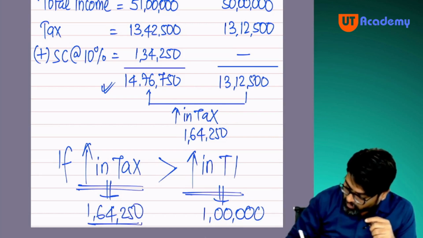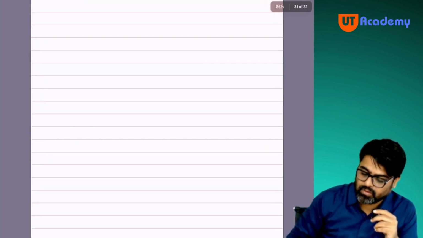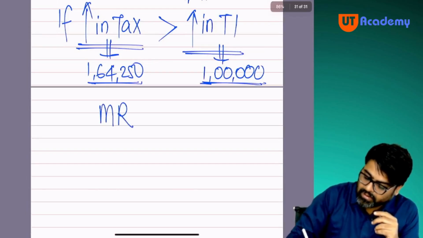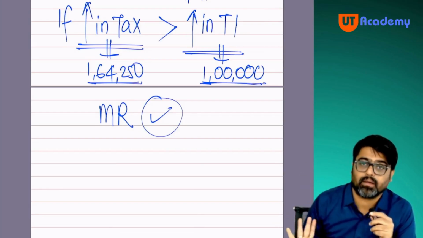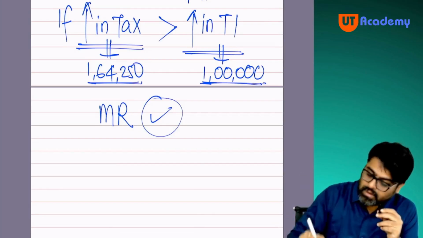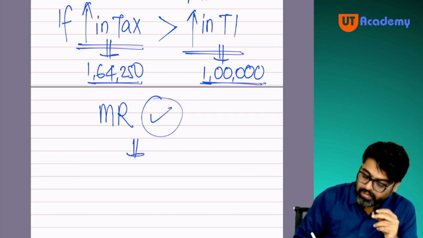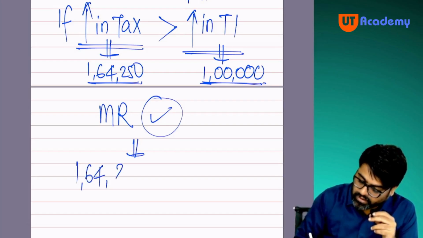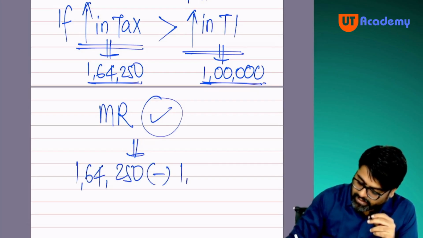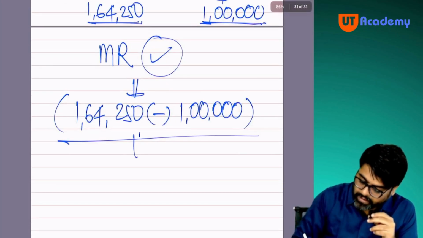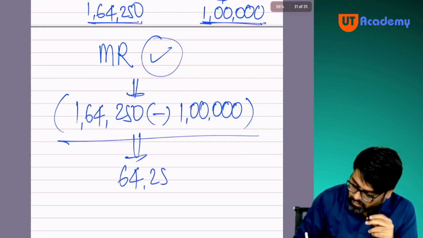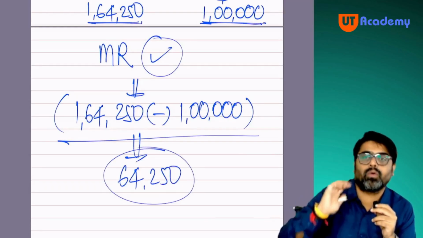If this amount is higher than this amount, you are eligible to get marginal relief. This is the condition which you have to first check. Getting my point? Now marginal relief, how much will you get? 1,64,250 minus 1 lakh. Calculate. This is the amount of marginal relief which you are going to get.